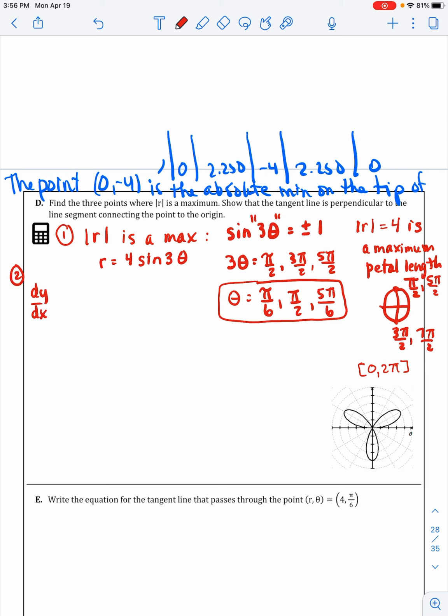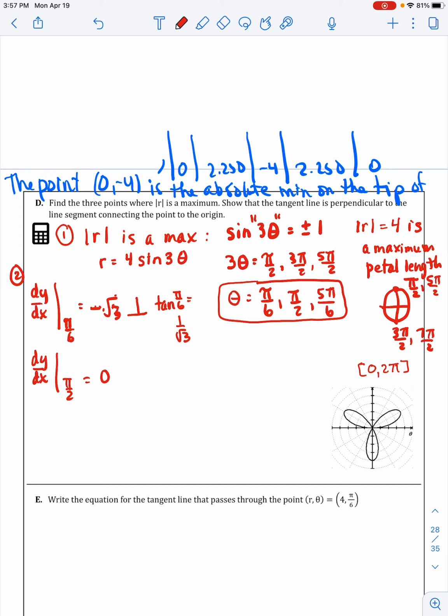So now our second thing is calculating your derivative dy dx at each one of these values. I'm going to do it first at pi over 6. That's going to be negative square root of 3, and that is going to be perpendicular to the tangent of pi over 6, which is 1 over the square root of 3.